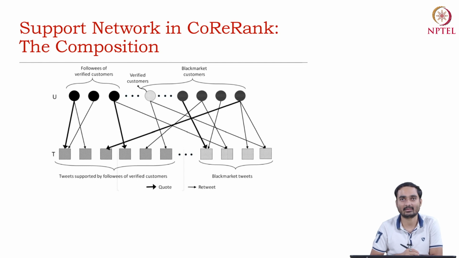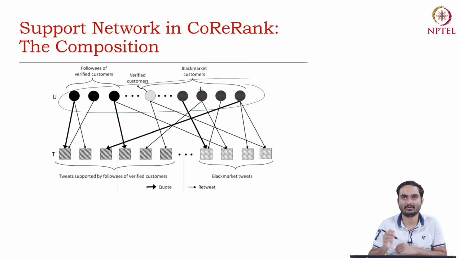We have some black market users, some normal users, some verified users, and their followers, followees, and so on, and that constitutes the user set. The tweets that they retweeted within a particular period of time, when we scraped the data, constituted the tweet partition.